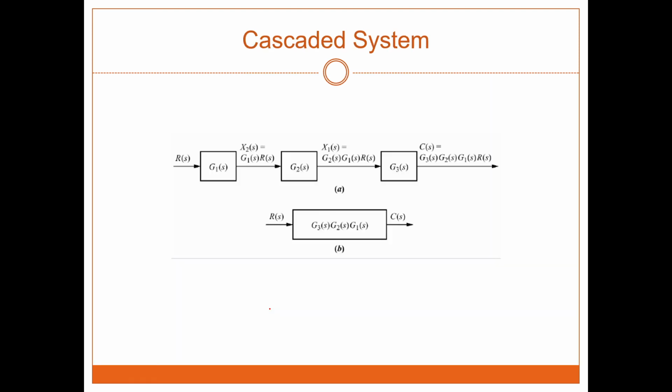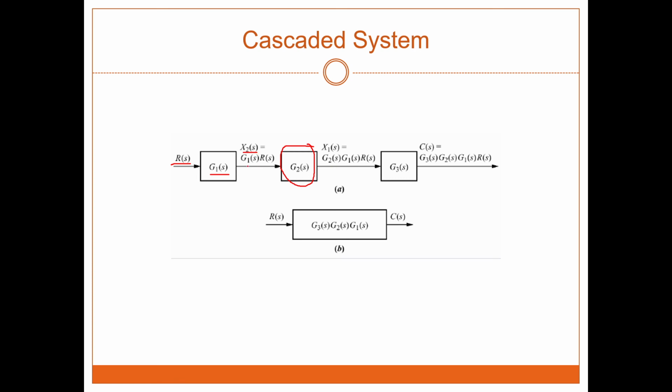We also have a cascaded system where the output of one system becomes the input to another system. So we consider this one the input Rs multiplied by the system response. So this one will become the input X2 to the second one.